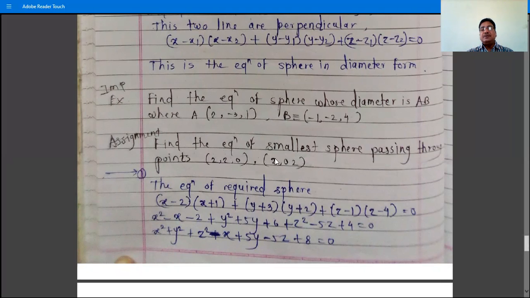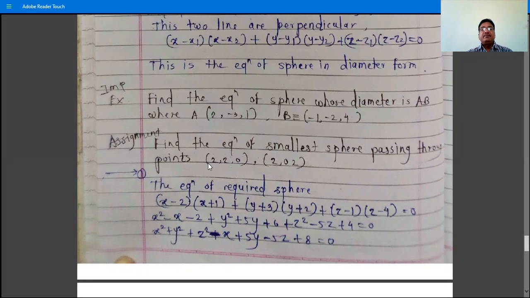If we find the equation of the sphere whose end points of diameter are these two, then it is the smallest sphere passing through those 2 points. So if we write a different form of this example, what is the other question? Find the equation of the smallest sphere passing through the points A 2, minus 3, 1 and B minus 1, minus 2, 4.